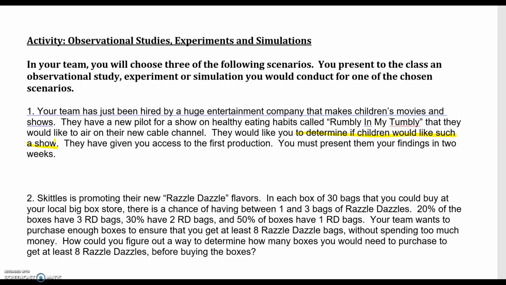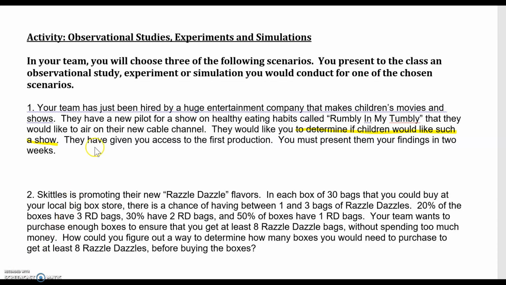Notice that it doesn't say they have 2 different types of shows and which one they'd prefer the most. So this seems like just an observational study. They just want to know whether or not children would like such a show. So this is an example of an observational study, and you need to tell me that.